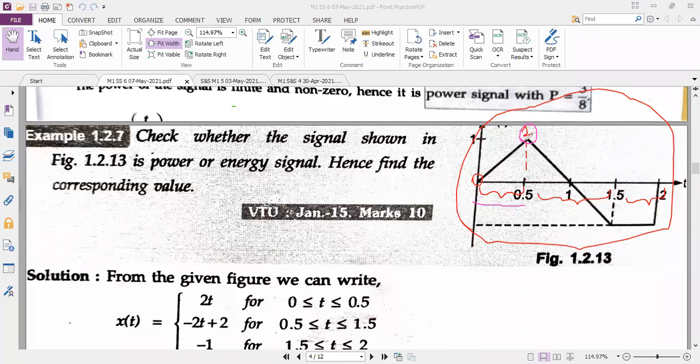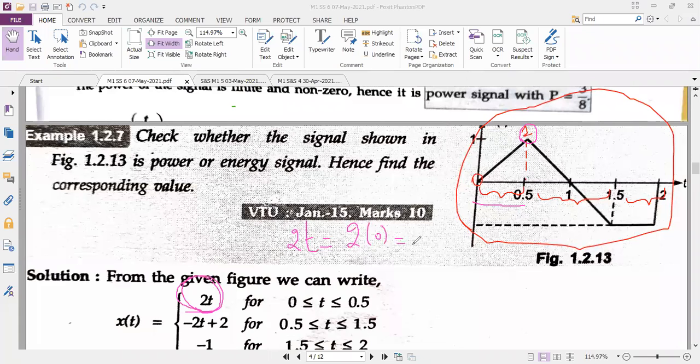To write that, I have to use the variable t, the ramp signal concept. So I have written 2t here. It is like a trial and error method. Let me check whether this 2t obeys the values between time 0 to 0.5. At time t equal to 0, I substitute into 2t: 2 into 0, so the amplitude becomes 0.